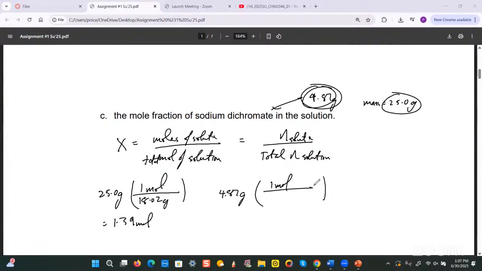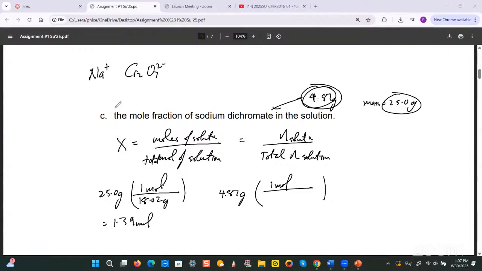Well, you're gonna need that for the molar mass, but for the formula, you're gonna need the ions. What's the formula for the sodium ion? Na what? What's the charge? +1. What's the formula for the dichromate ion? Cr2O7, -2.